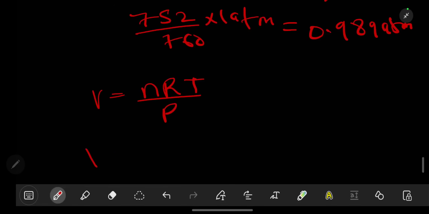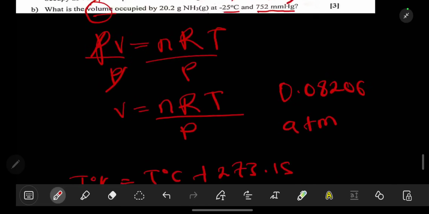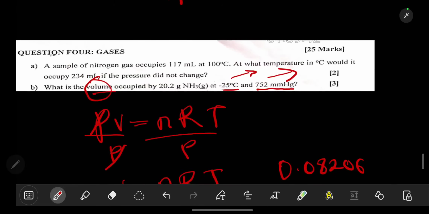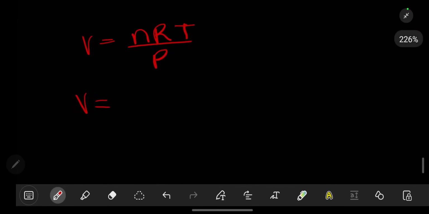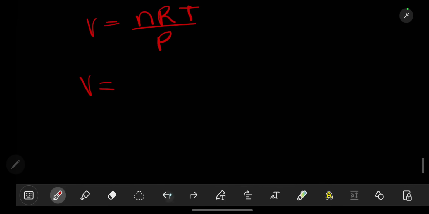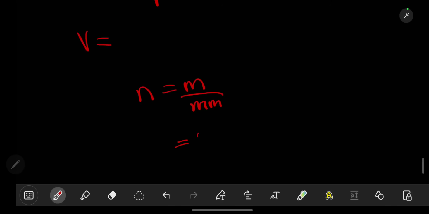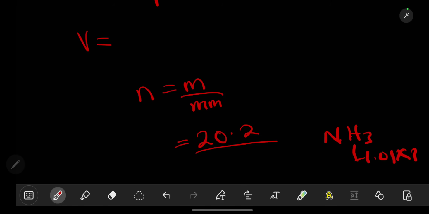So with that said, we are going to say the volume is equal to nRT over the pressure. What is the number of moles? Wow, there were a lot of conversions here. So 20.2, we have to convert that, so the number of moles is equal to the mass over the molar mass. Our mass is equal to 20.2 over the molar mass of NH3. We are going to have hydrogen, it's 1.01 times our 3.